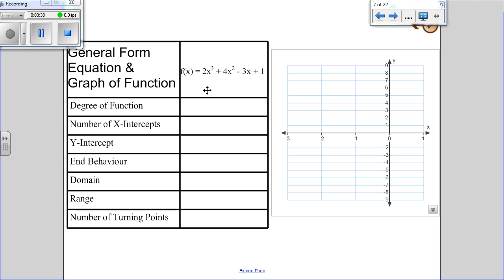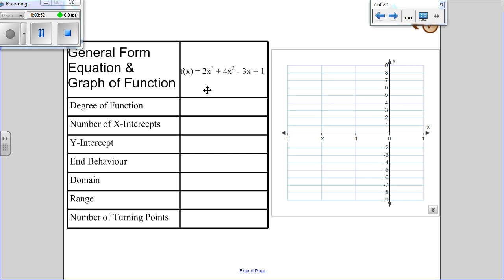So 2x cubed and then it's plus 4x squared minus 3x plus 1.